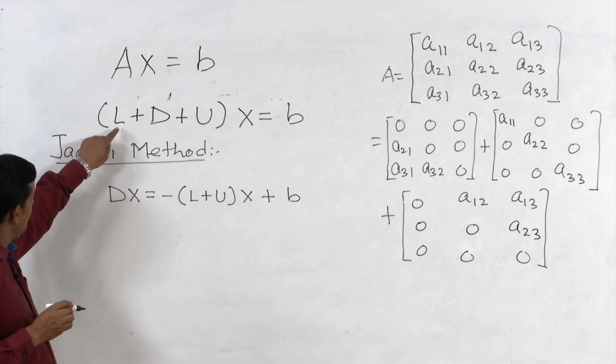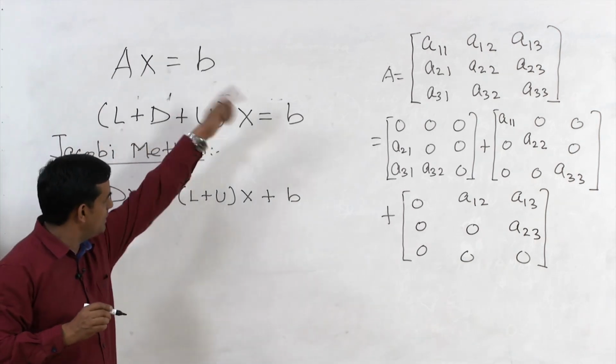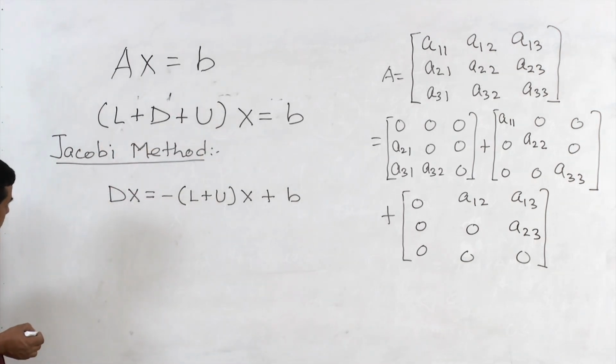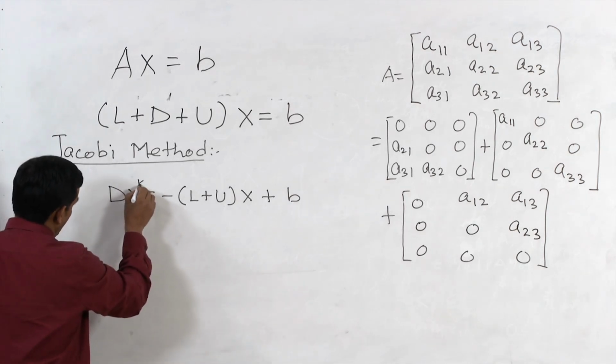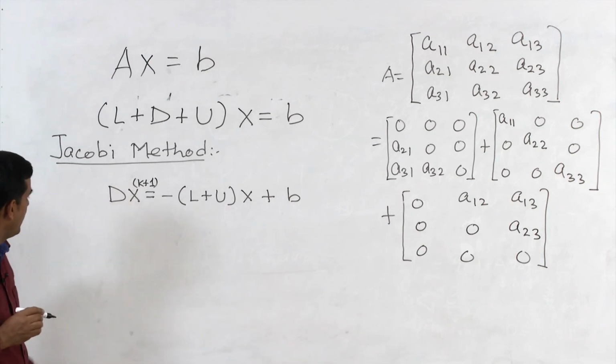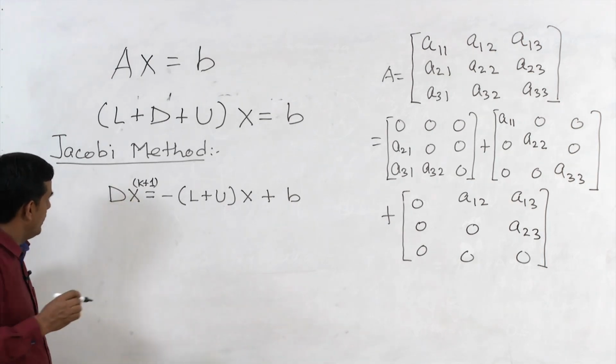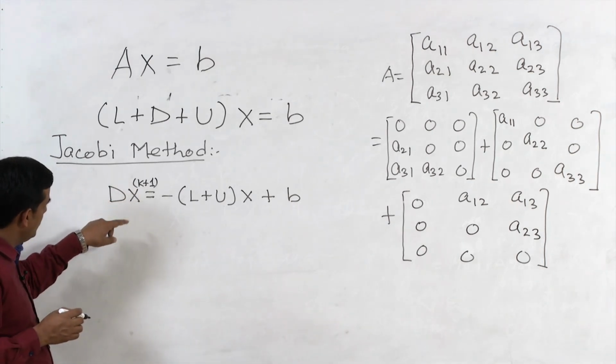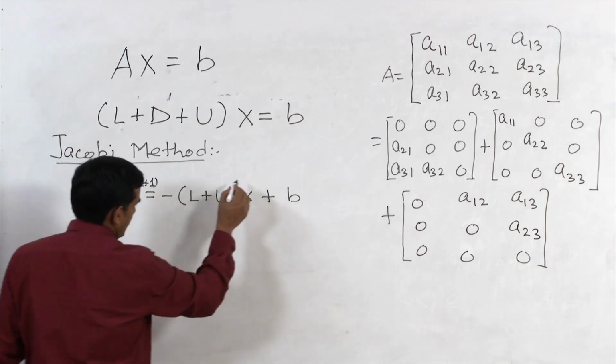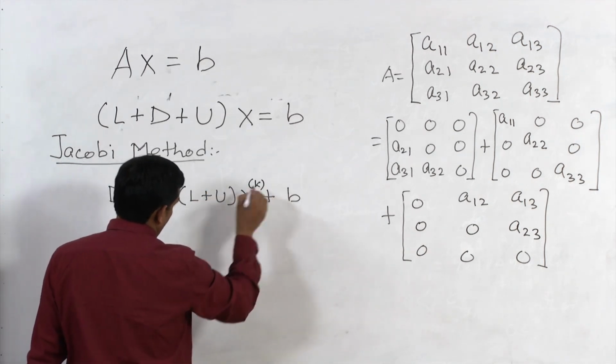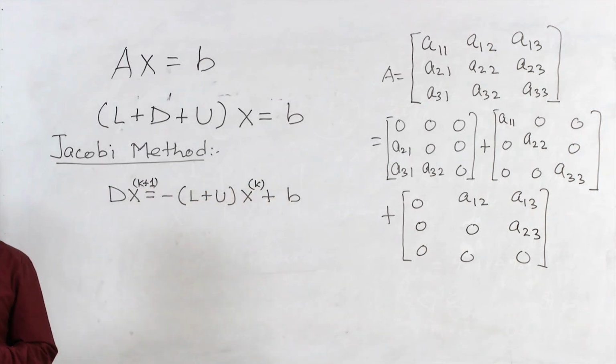So, what we have done? We have taken these two terms into the right hand side. Now, what will I do? My iterative scheme will work like this: at k plus 1 iteration, x is given from the estimate of x in the kth iteration.